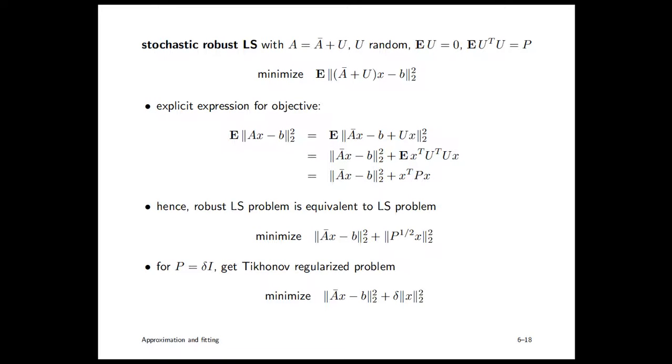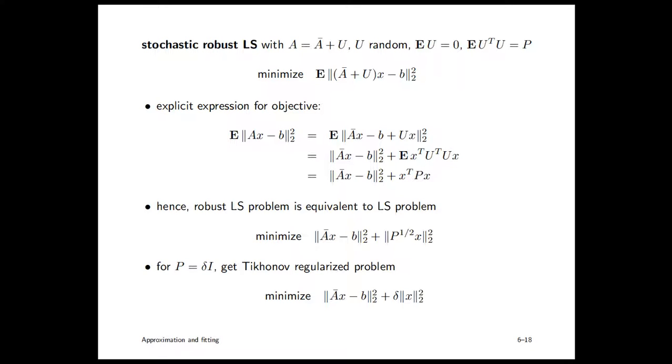Some variations on the stochastic robust approximation problems are tractable. For example, consider this stochastic robust least squares problem. The norm is the Euclidean norm. By explicit expression, we can see that this problem has the form of a regularized least squares problem.